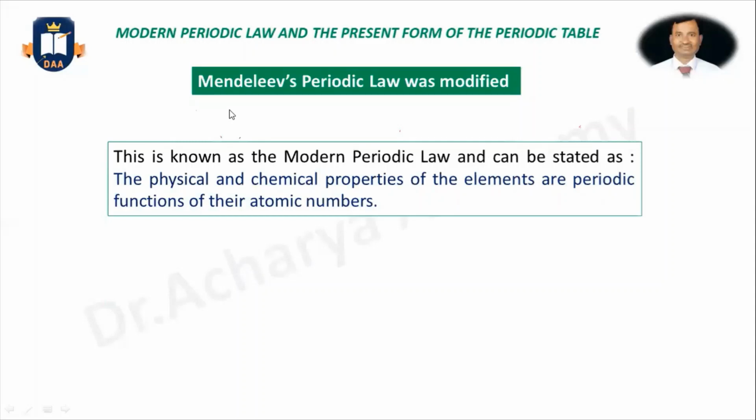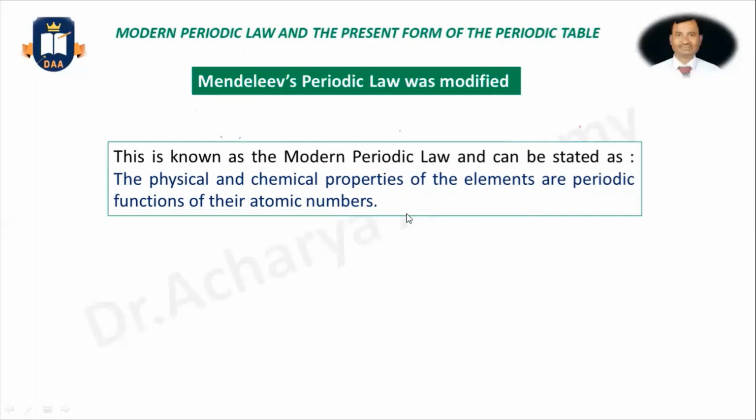So on that basis, because Mendeleev, we know, in his first law described the property against the atomic mass, as per the observation of Moseley, the modern periodic law stated that the physical properties and chemical properties of the elements are periodic functions of their atomic numbers.